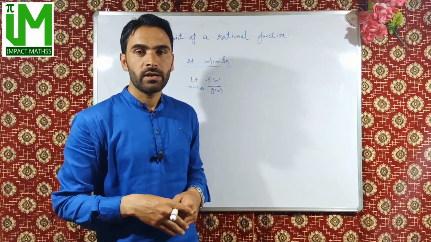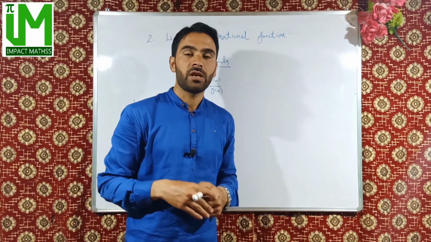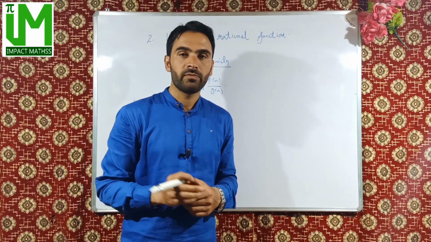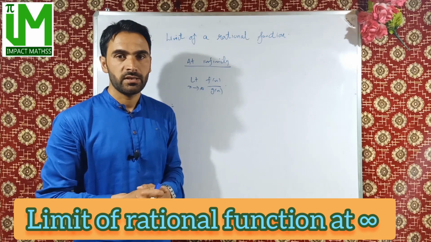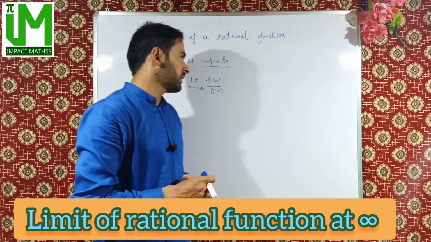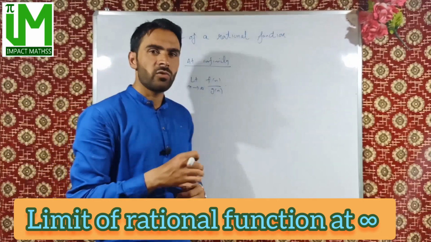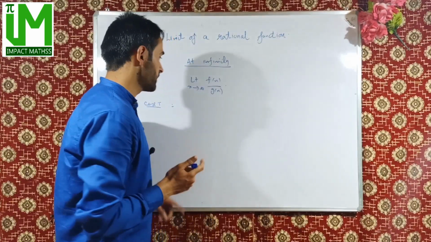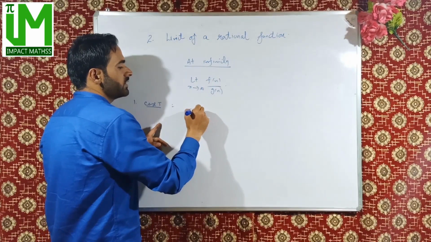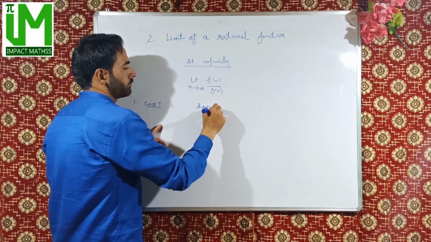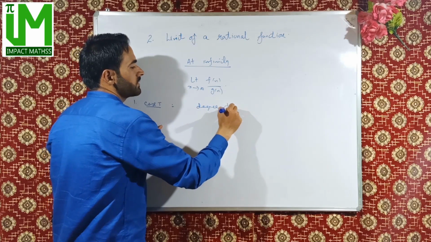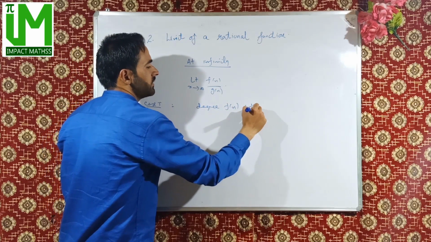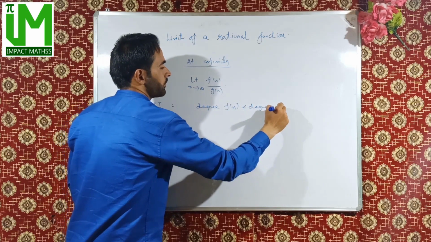Now limit of the rational function at infinity, if we have to compute limit of the function f(x) divided by g(x) at infinity, then in this form also we'll have three different cases. Case first, if degree of f(x) is less than degree of g(x).